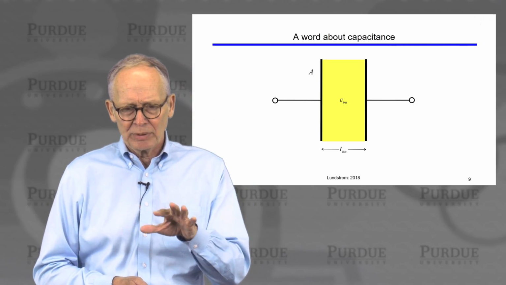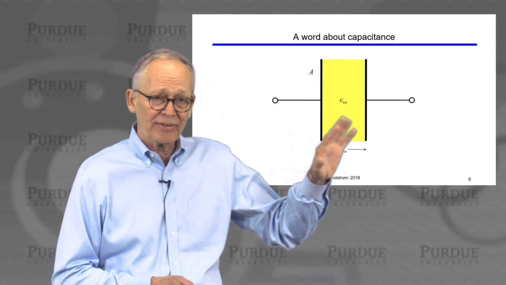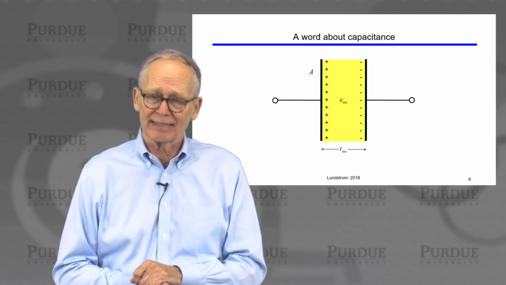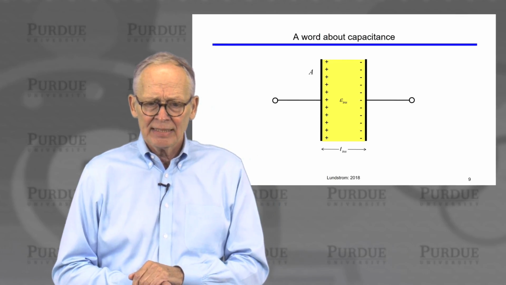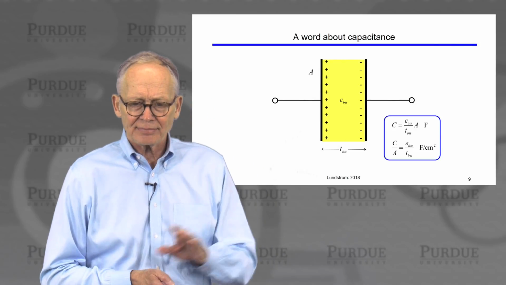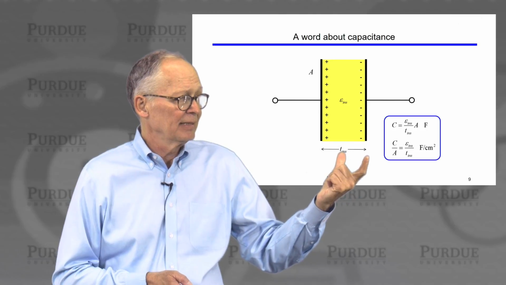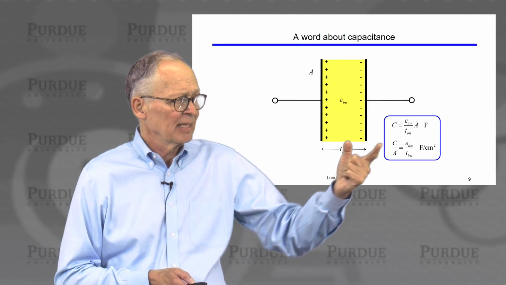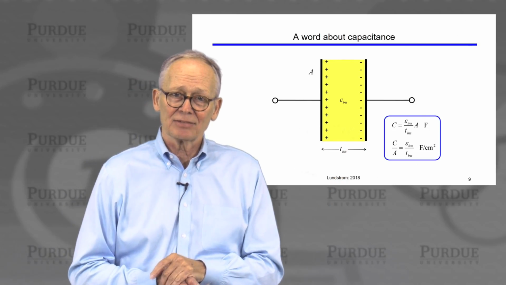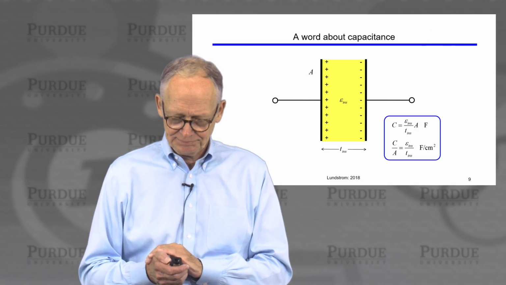Now, before we move on a little bit, I just want to remind you quickly about capacitance. If I have a parallel plate capacitor with some material between the plates with a dielectric constant epsilon insulator, then I can derive the capacitance, and the capacitance is just the dielectric constant divided by the separation between the plates times the area of the plates, or, for capacitance per unit area, I would just divide out the area.